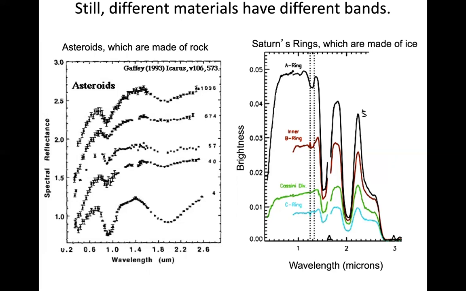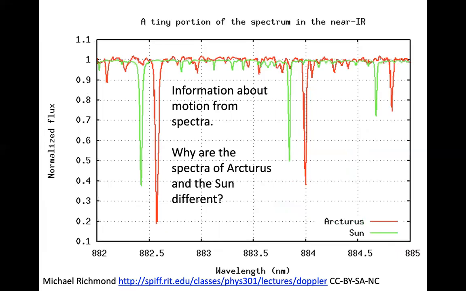If you have a dip at 1.5 microns, that's typical of ice. If you have a dip at 1, that can be indicative of certain types of rock. Cool. So this is the basic way we can use spectra to learn about composition. The last thing I want to mention is how we can use spectra to look for motion.